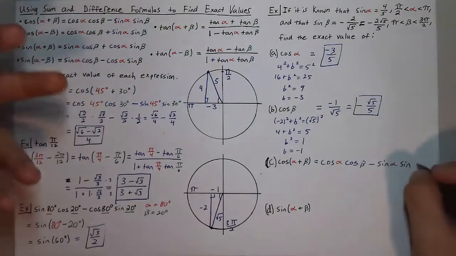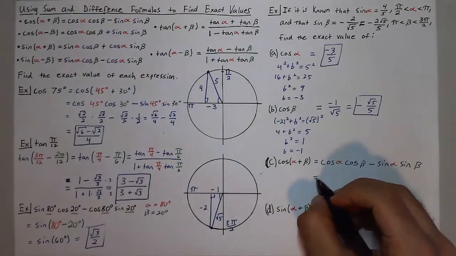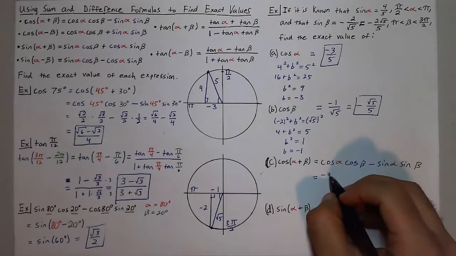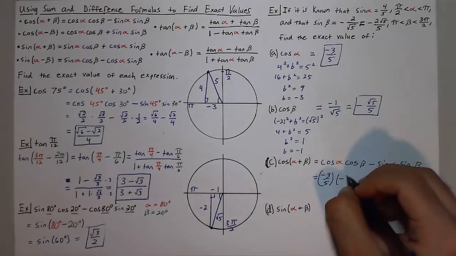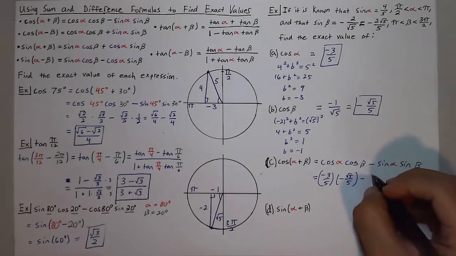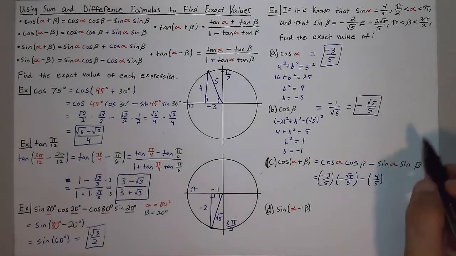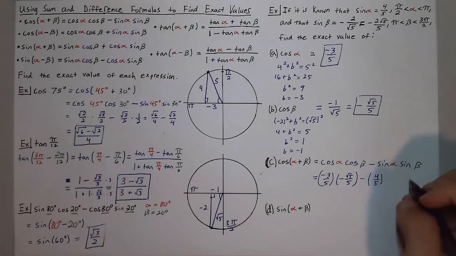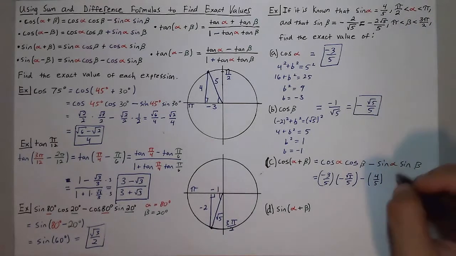And luckily I have all of these values to plug in, because cosine of alpha is equal to negative 3/5. Cosine of beta is negative square root of 5 over 5. Minus sine of alpha is 4/5. And sine of beta is negative 2 square roots of 5 over 5.